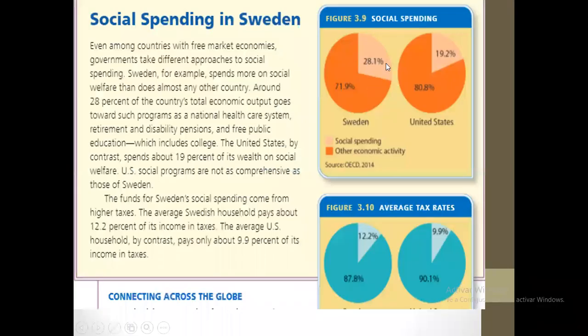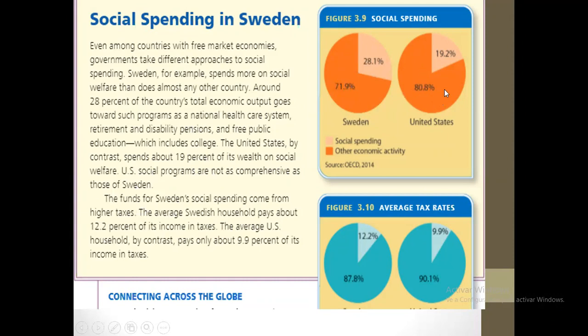So now, the last page of this book compares the amount of taxes that is collected from the income that people get. Now in Sweden, they collect 28% of the whole income as tax, and they put it into action in different sectors of the economy.